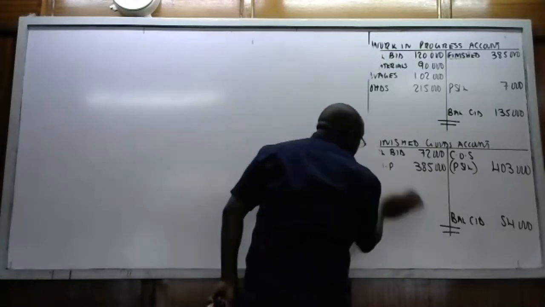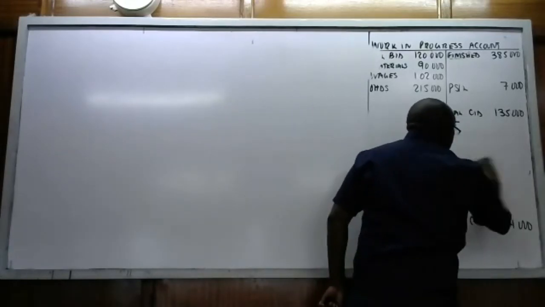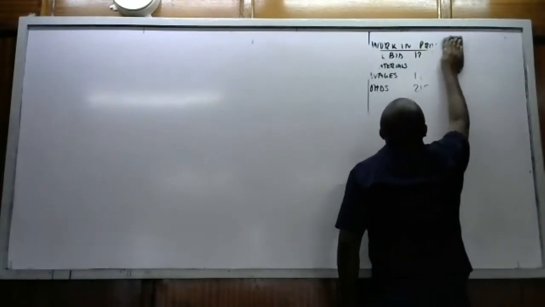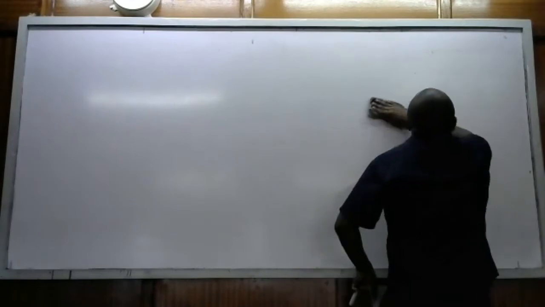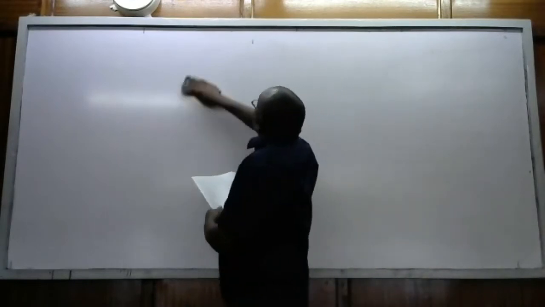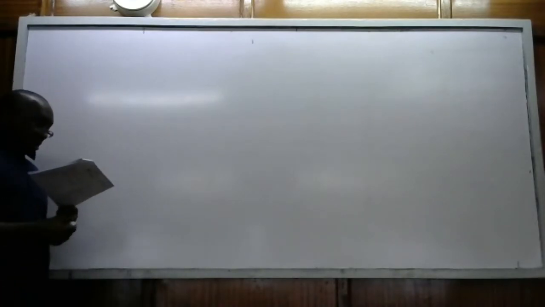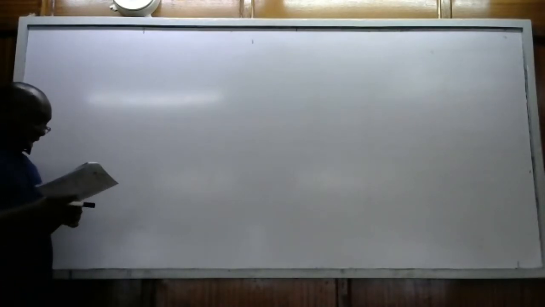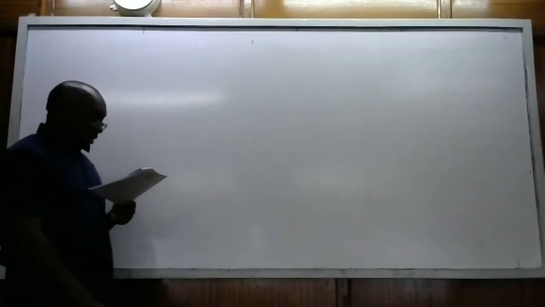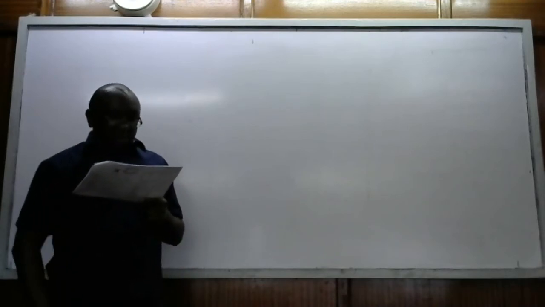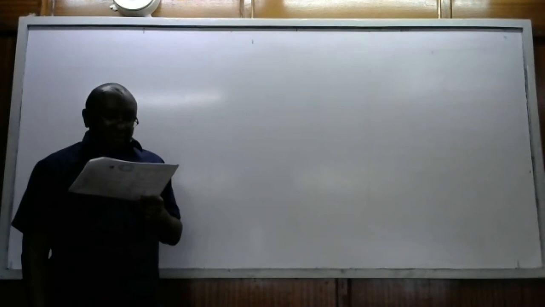So look at the question. So question 4 A, we are told each Tech Limited manufactures castings which are transferred to the machine shop of the same company at standard prices.